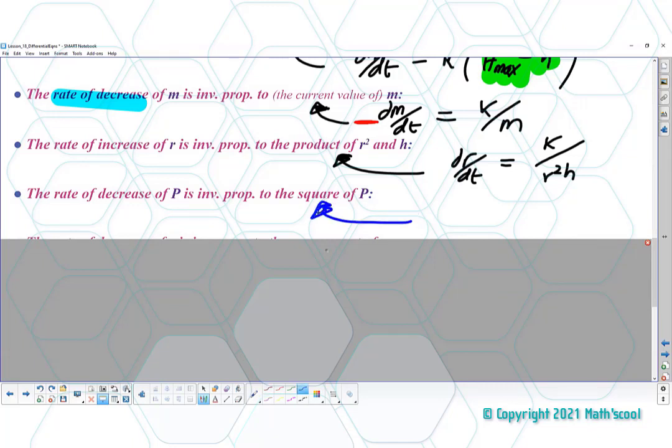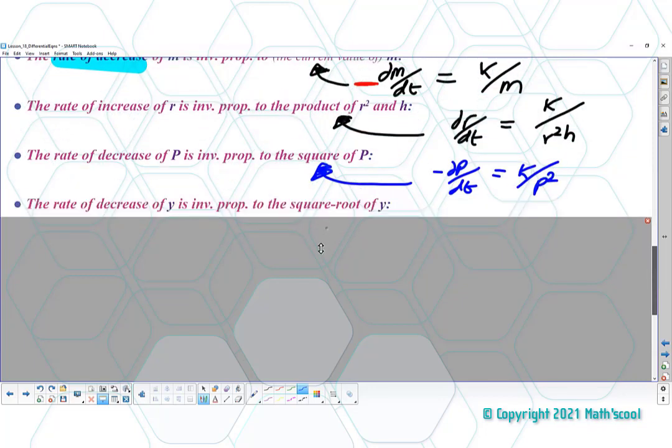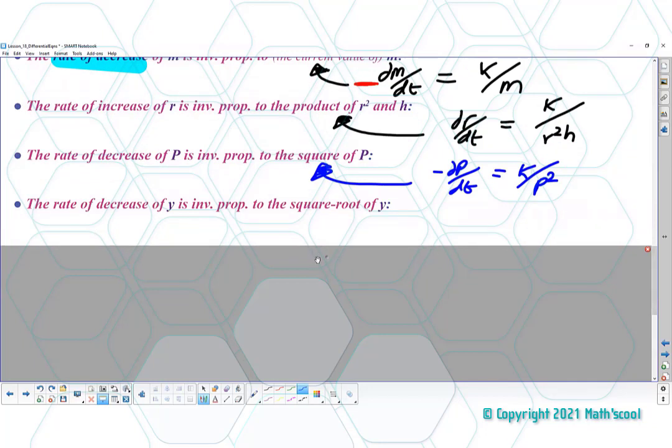Minus k over p squared. The rate of decrease of y is inversely proportional to the square root of y. Minus k over root y. Lovely.